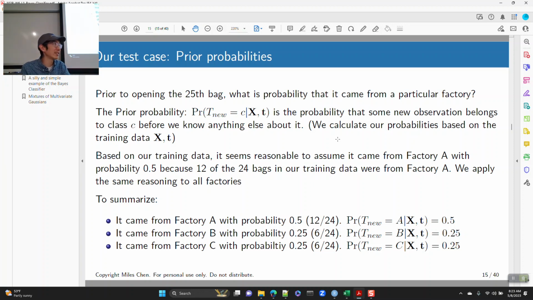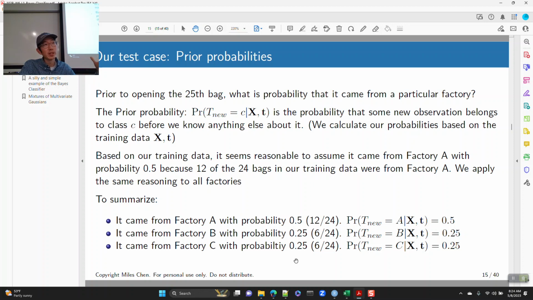Maybe that's not a good assumption, but that's what we're going to assume. Because a quarter of our bags came from factory B, we're going to assume factory B is responsible for a quarter of the production, and same with factory C. Because of the proportion of the rest of our training data, the probability that it came from factory A is just 0.5, from factory B is 0.25, and from factory C is 0.25.